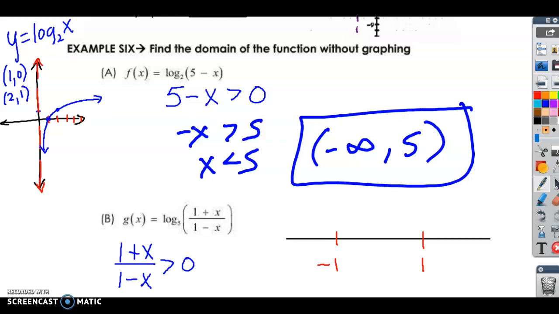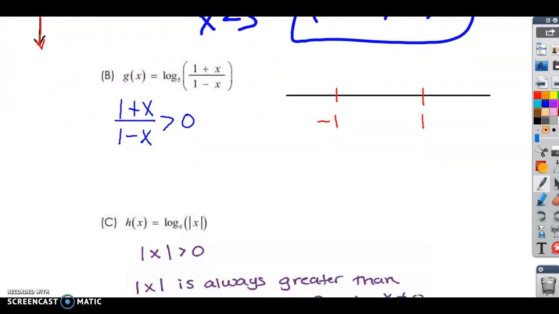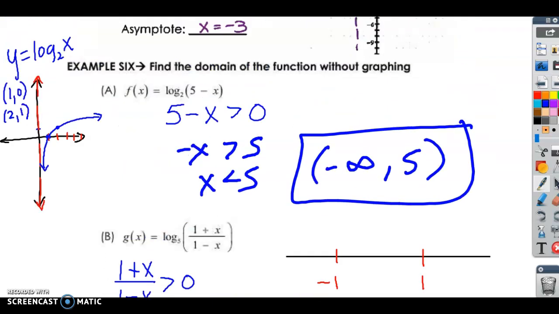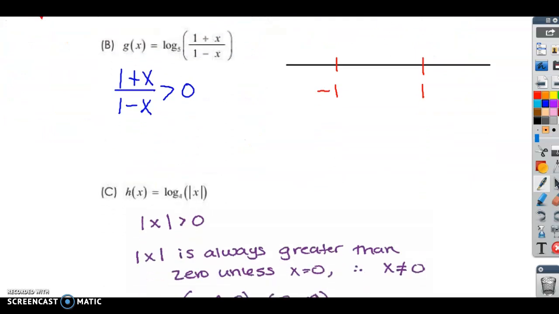For B, same question. You're asked to find the domain. So we've got a couple points that we're going to have to take a look at. We're going to have to take a look at where the denominator is, where we've got an undefined value.